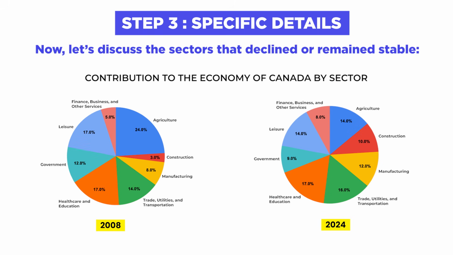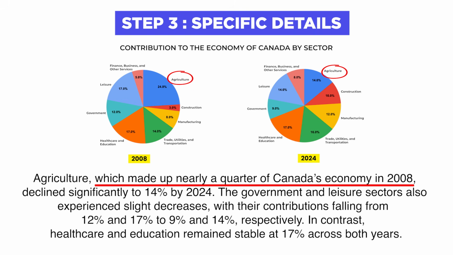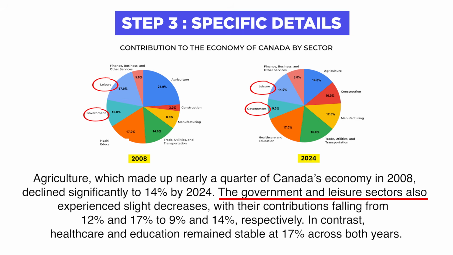Now, let's discuss the sectors that declined or remained stable. Agriculture, which made up nearly a quarter of Canada's economy in 2008, declined significantly to 14% by 2024. The government and leisure sectors also experienced slight decreases, with their contributions falling from 12% and 17% to 9% and 14%, respectively.